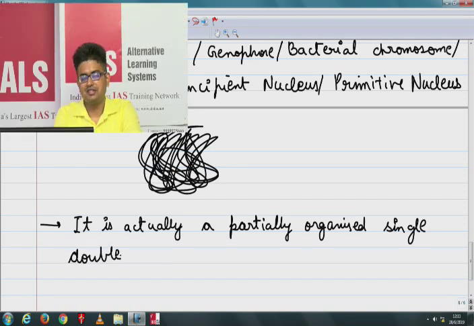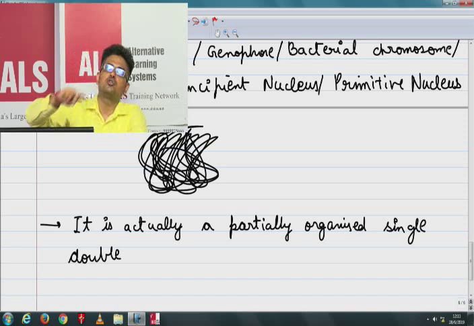Look, this is a bit confusing. I am writing single also, I am writing double stranded also. Actually, DNA has a double helical structure, so double stranded or double helical mean the same thing. But there is only one chromosome in the bacteria.